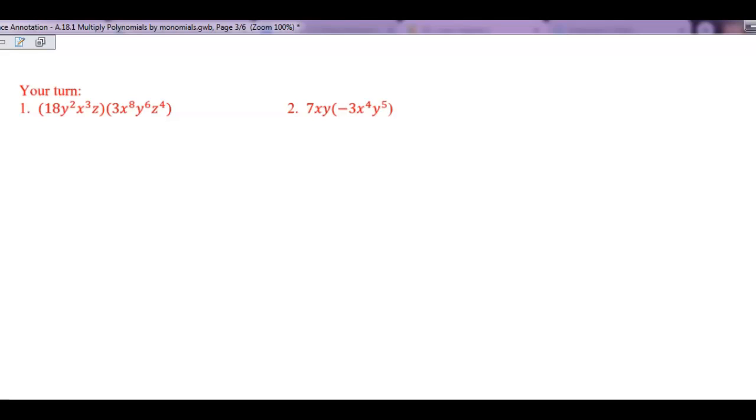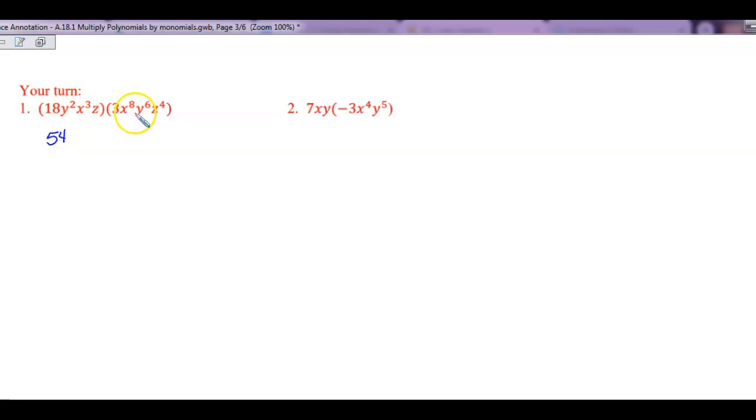So take a moment and do your turn number 1, where I have 18y squared x cubed z times 3x to the 8th power y to the 6th power z to the 4th power. All right, so 18 times 3 is 54.